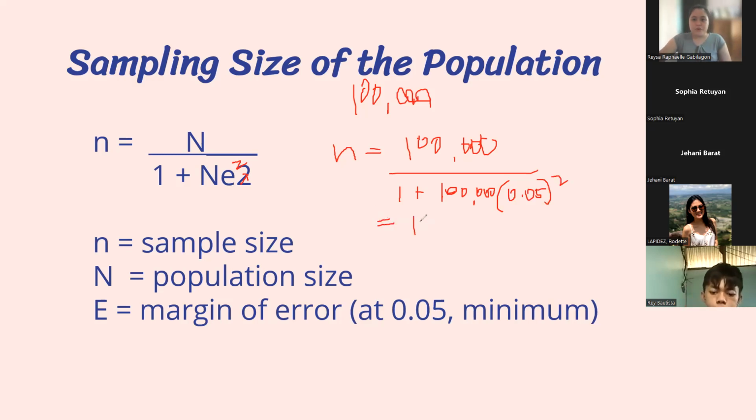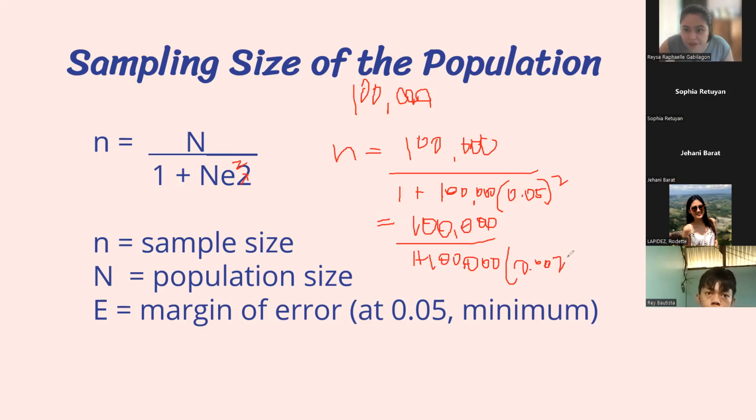So let's compute. Again, this is 100,000 here divided by 1 plus 100,000. What is the square of 0.05? 0.05 squared is 0.0025.